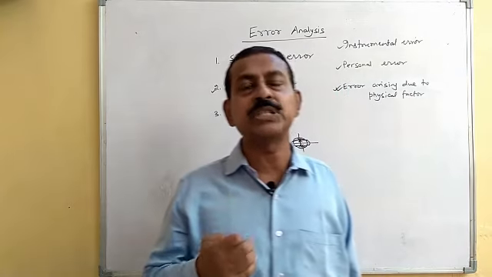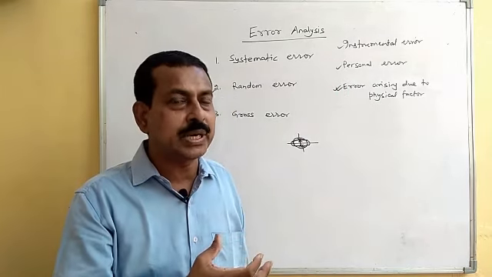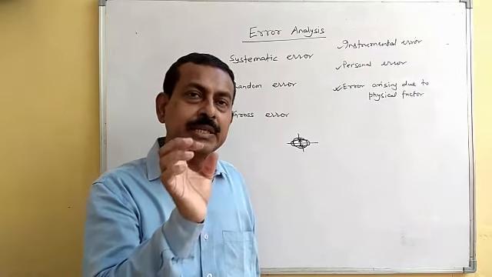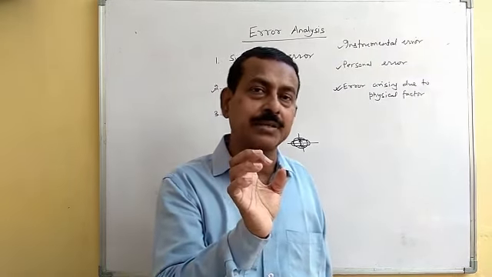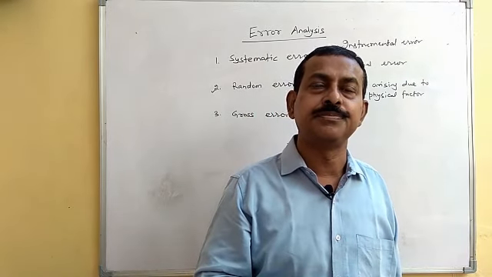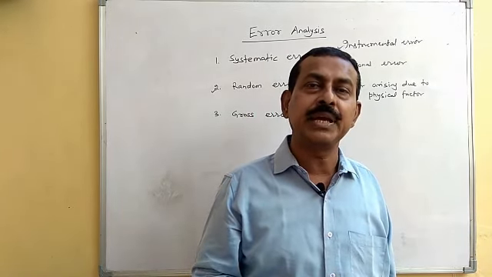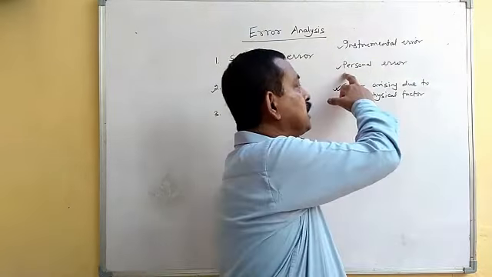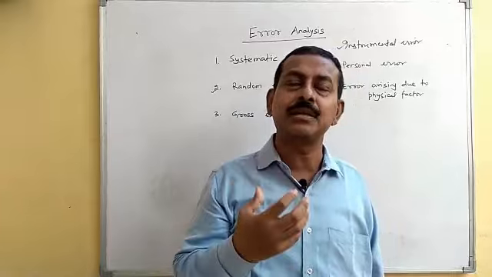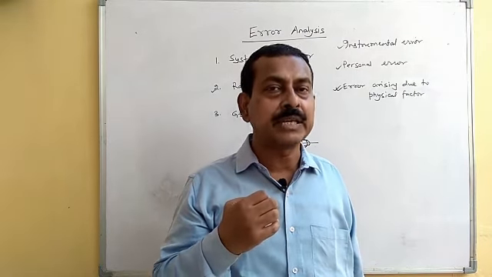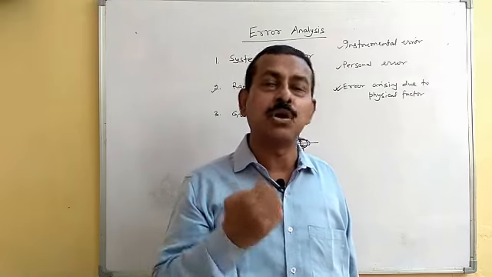Similarly, if someone is taking observation with that screw gauge even when it has not made proper contact, that means the screw was loose at that point, still there will be error. That is another type of personal error. This is the error arising due to imperfection of taking measurement by the observer.